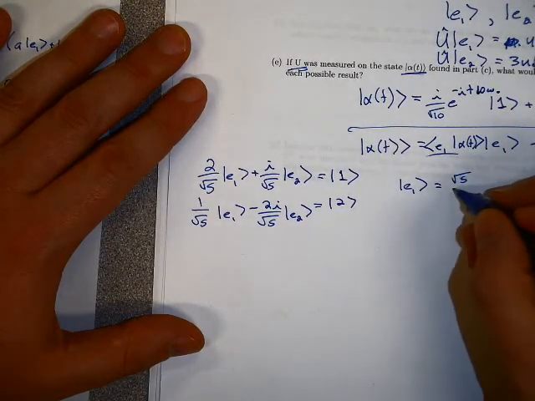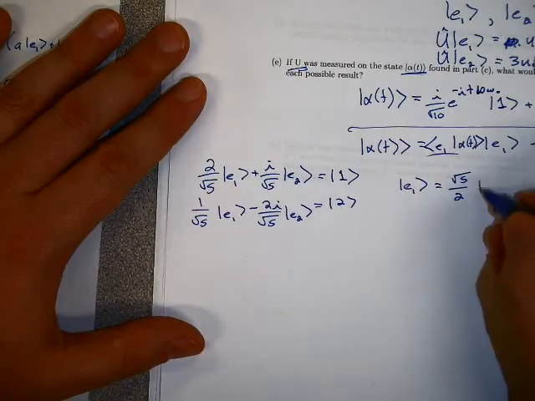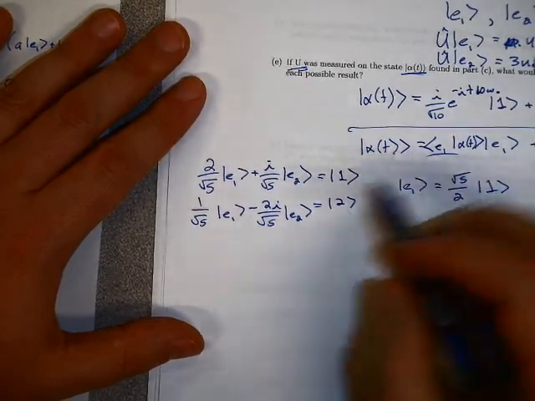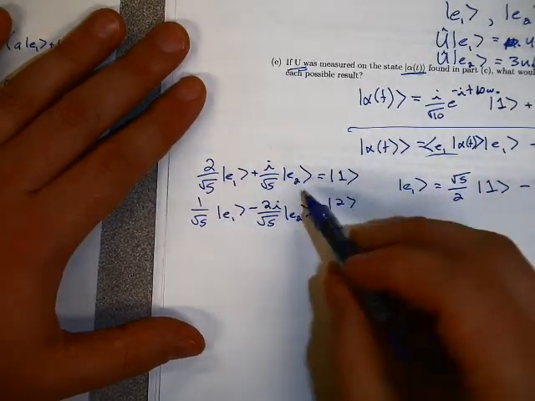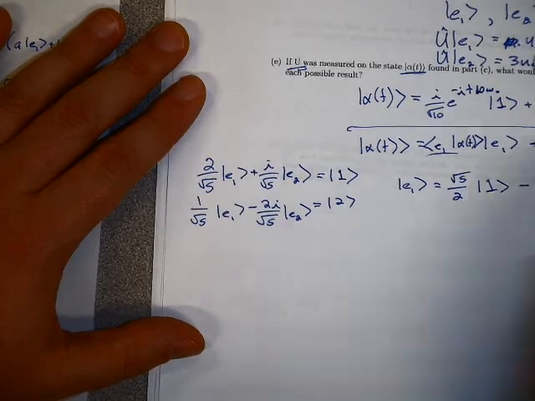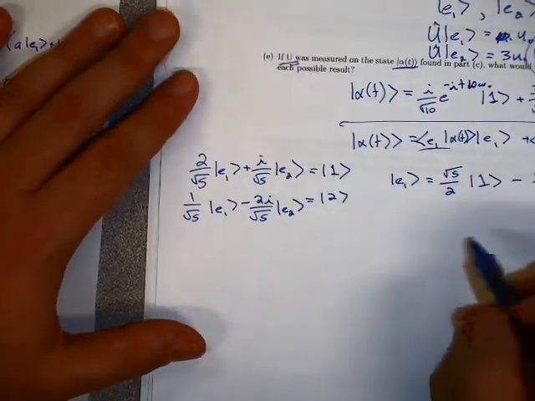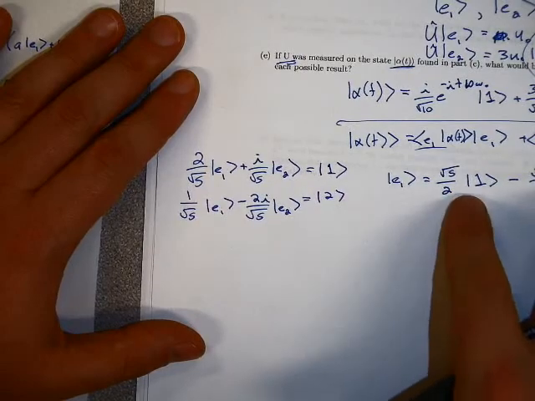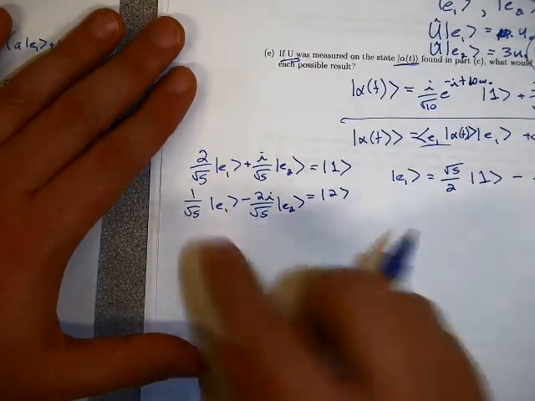So e1 is equal to root 5 over 2 times state 1, subtract root 5 over 2 times i over root 5 e2. I just moved that term to the other side and divided, and now we can plug that into this equation.